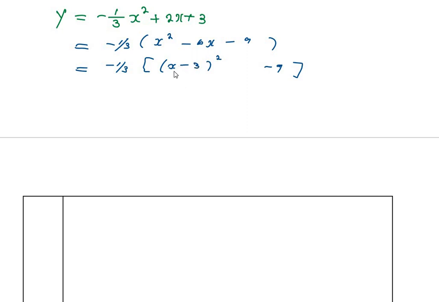So then it's x squared minus 6x. Now we see we have plus 9, so we must now subtract another 9. Remember, the square of this one we must subtract. So this is going to give us x squared minus 6x plus 9, minus the 9 is 0, minus the 9 gives the minus 9.